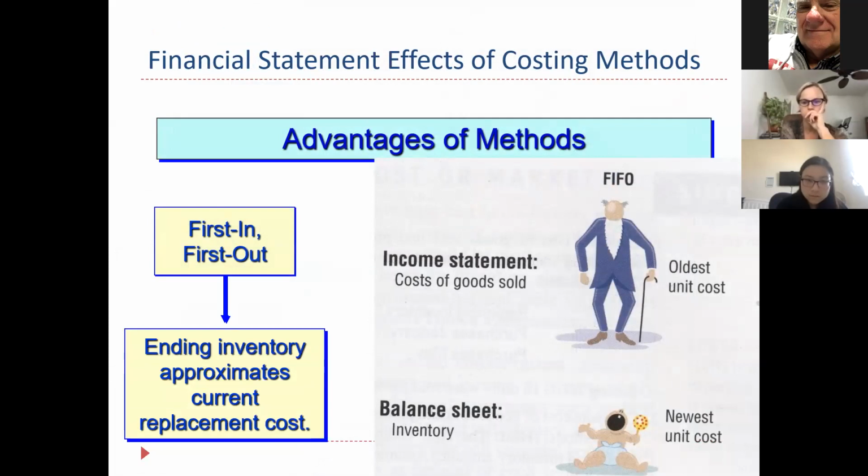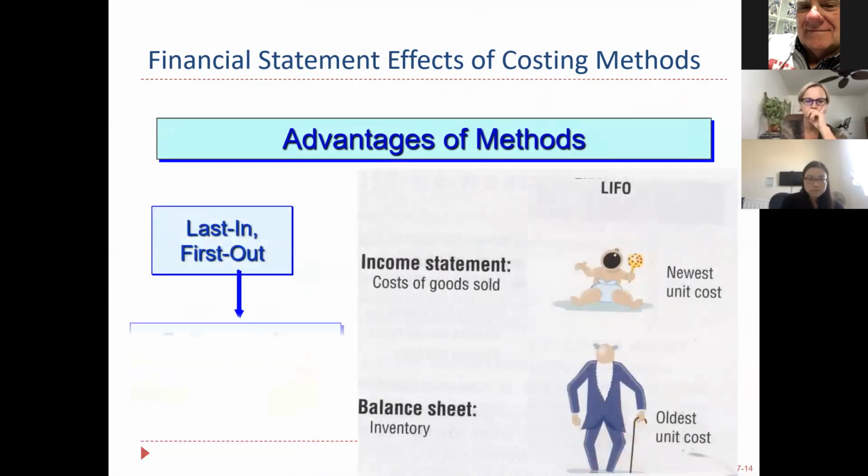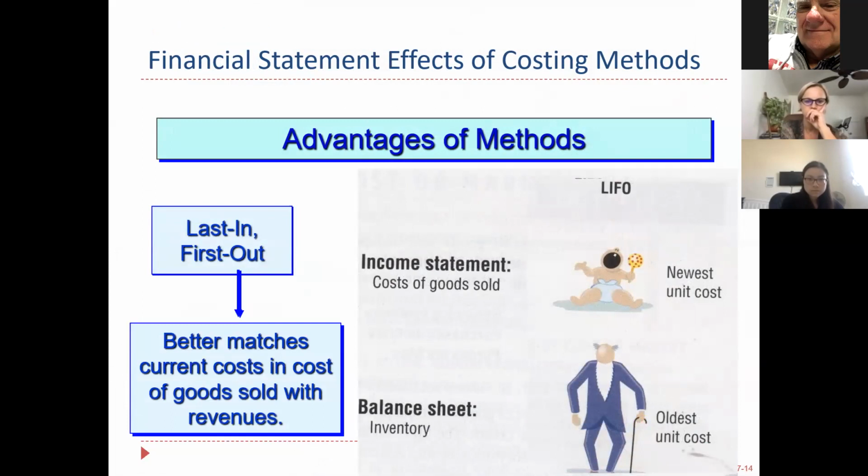Advantages of methods. The ending inventory approximates current replacement cost. Okay, I guess that's a worthwhile thing to endeavor. Yeah, if you're using first in, first out, your ending inventory is going to be toward the high end of the pricing as it goes up. So that makes a little bit of sense. Last in, first out.